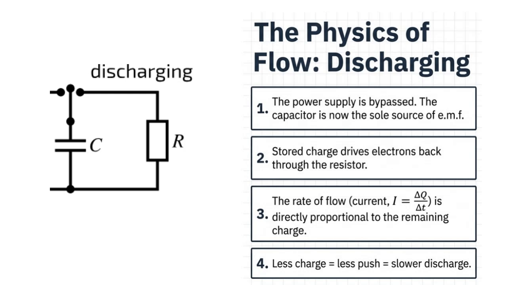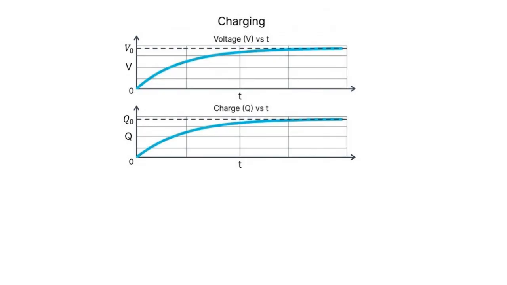As a capacitor charges over time, the voltage across it increases gradually and approaches the maximum supply voltage, V0, following an exponential curve. Initially, the voltage rises quickly, but as it gets closer to V0, the rate of increase slows down until it nearly levels off.